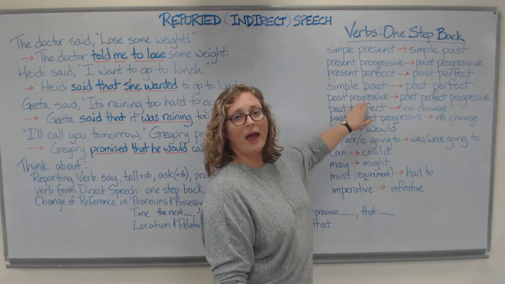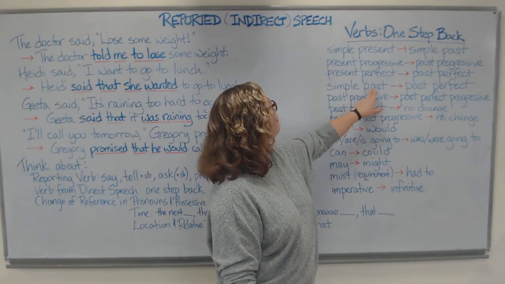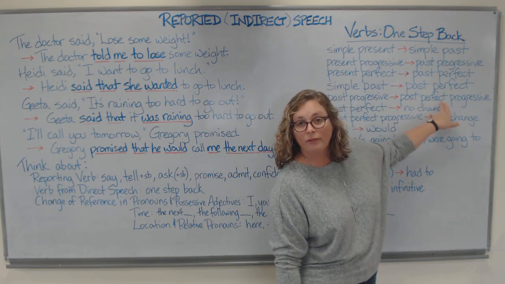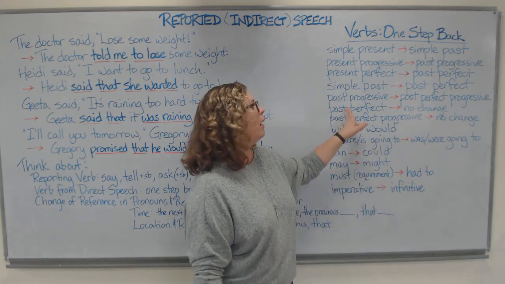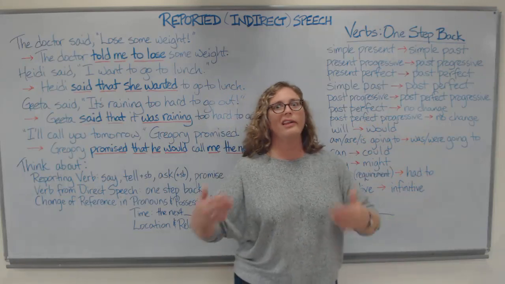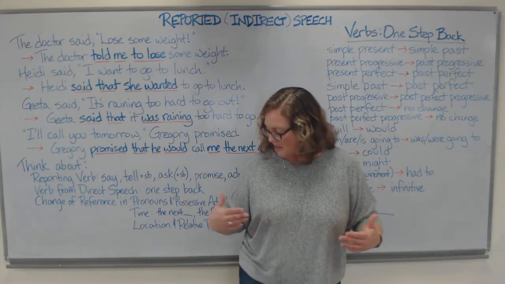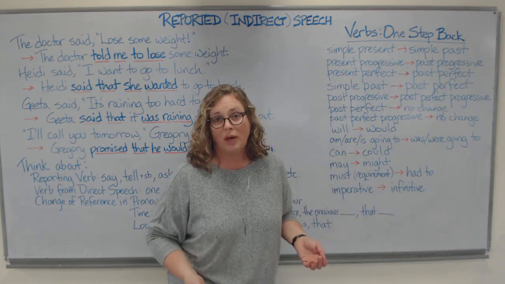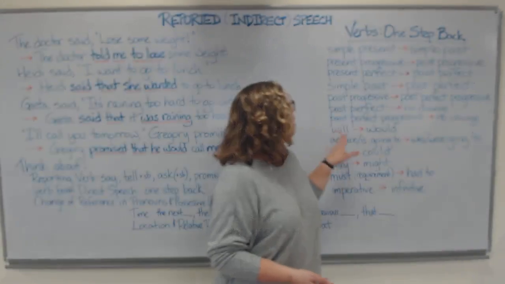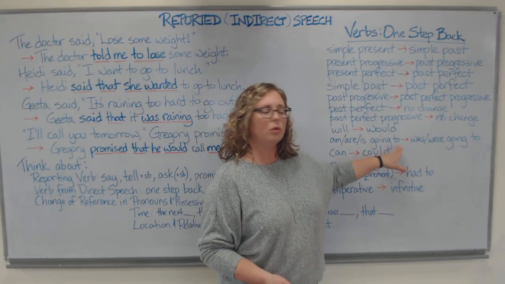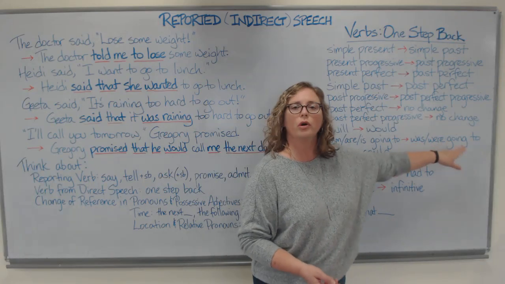Simple past or past progressive, the past changes to past perfect. What about past perfect? Past perfect progressive. They're at the end of the line. There's no place to step back to. They can't do anything. No change. Will to would. Am, are, is going to, was, were going to.